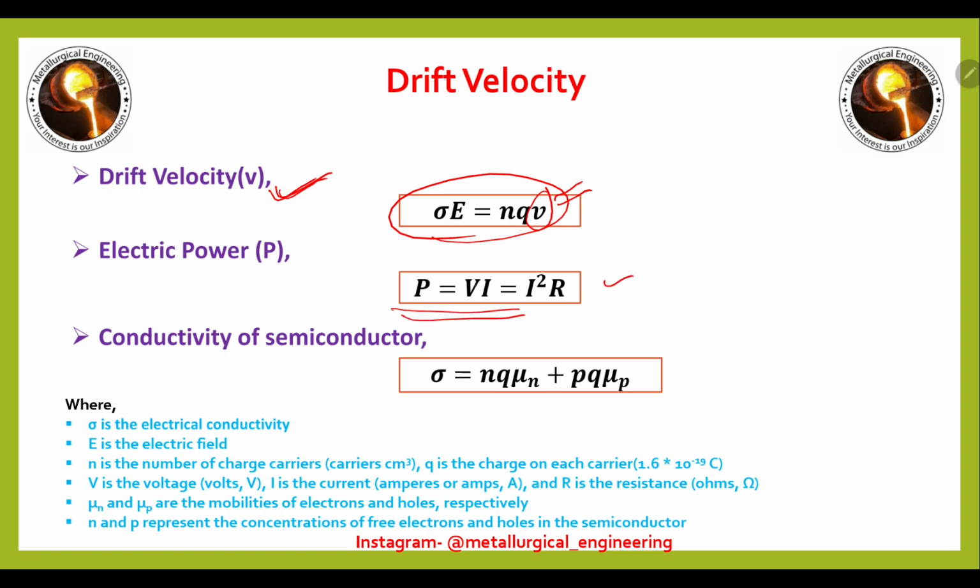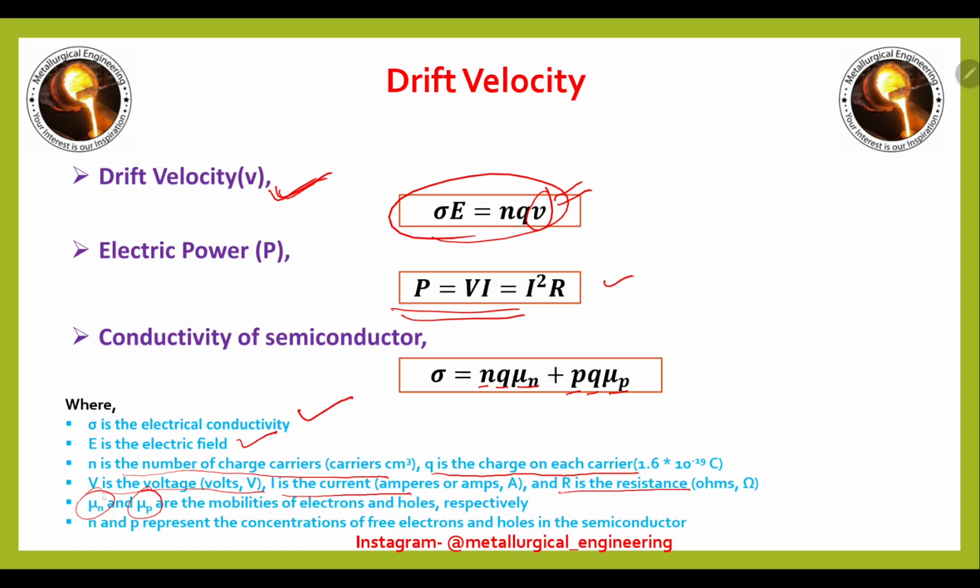This is the formula. And the conductivity of a semiconductor, that is sigma, is equal to n q mu n plus p q mu p, where sigma is the electrical conductivity, E is the electric field, n is the number of charge carriers, q is the charge on each carrier, V is the voltage, I is the current, and R is the resistance.